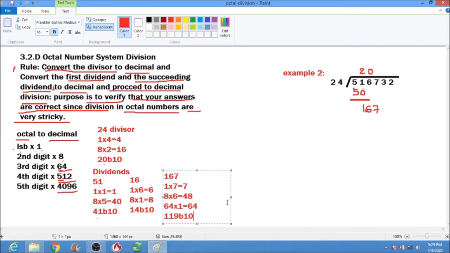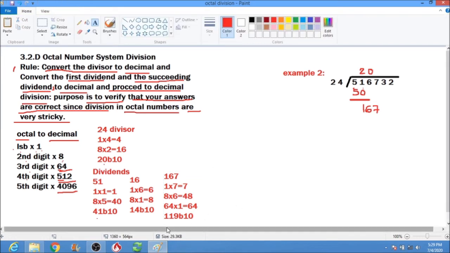Okay, so 119 base 10 divided by 20 is simply equal to 5. Meaning 167 divided by 24 is simply equivalent to 119 divided by 20. So 119 divided by 20 will be equal to 5. Okay, so 5.